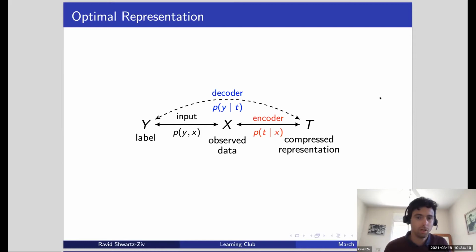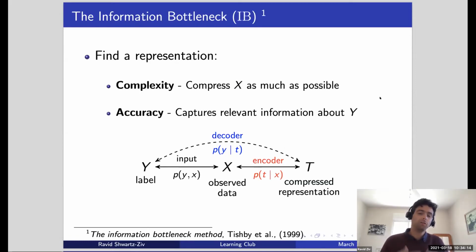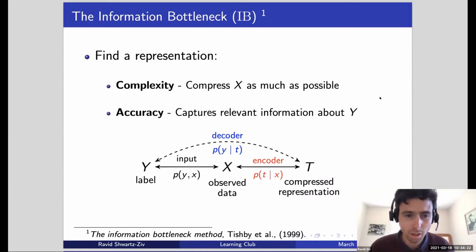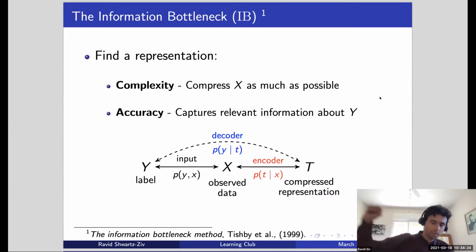This is the general framework, and the information bottleneck method tells something very simple. To find a good representation, you need to compress x as much as possible, but at the same time, you need to capture the relevant information about y. So you have these two terms that you need to take into account.